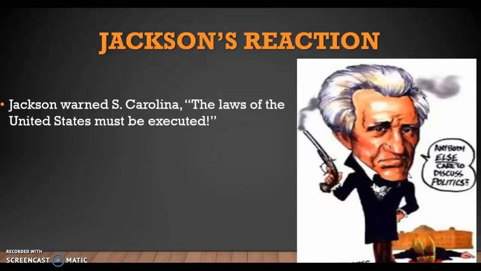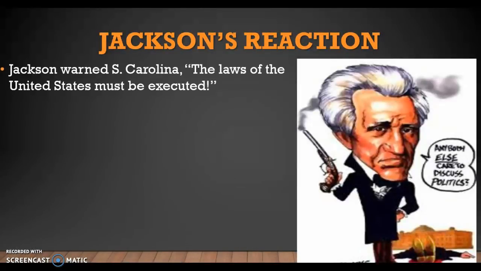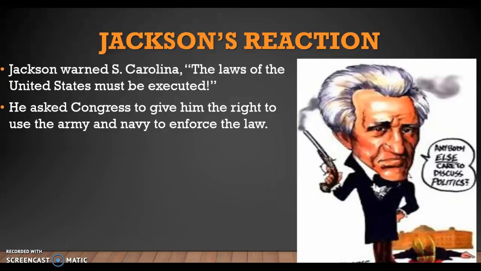So Jackson's reaction. Jackson warned South Carolina that laws of the United States must be executed. So now it's a fight between the federal government and the state government. Which one's going to win? He asked Congress to give him the right to use the Army and Navy to enforce the law. So now we might have ourselves a civil war.